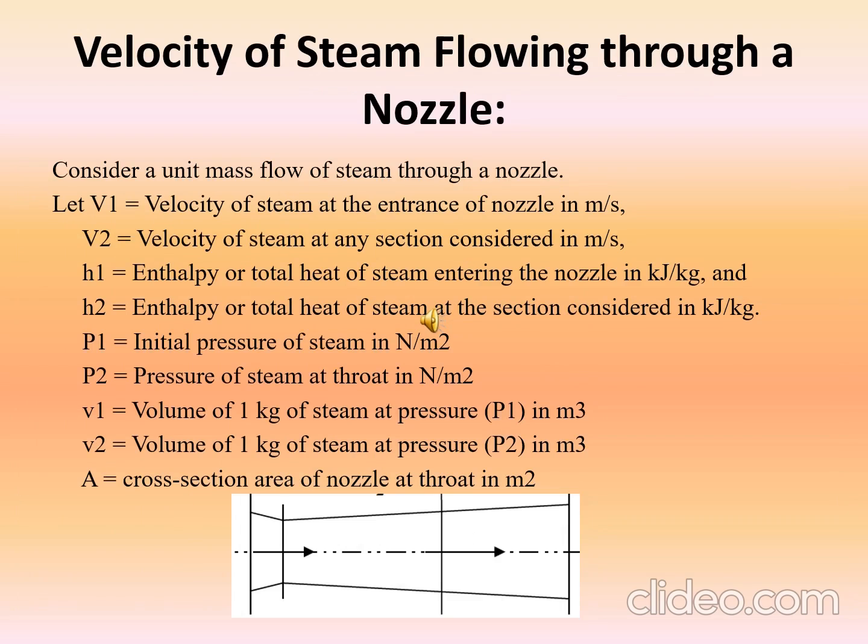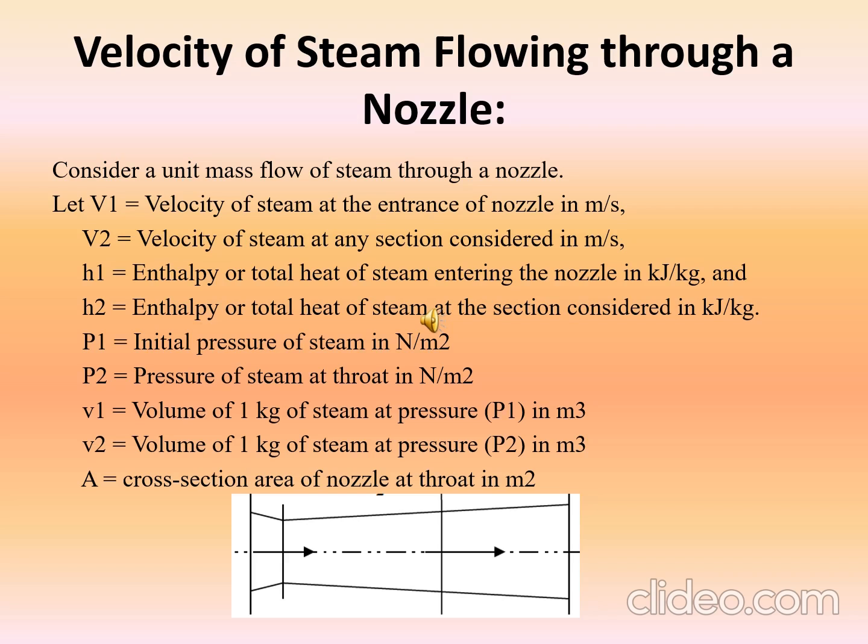Now we'll discuss the velocity of steam flowing through the nozzle. Consider a unit mass of steam flowing through the nozzle. See the diagram. If we consider only the entry and exit points, then at entry the velocity is v1, at exit the velocity is v2.